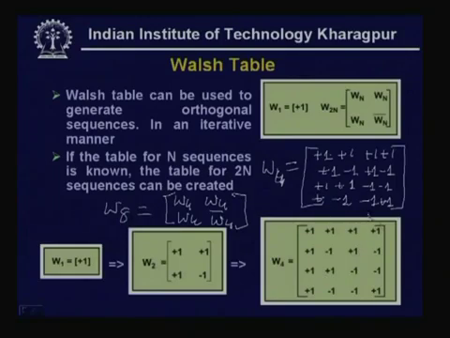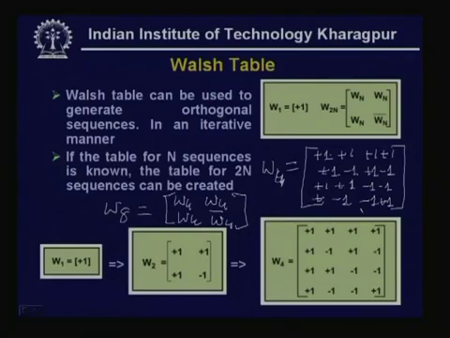So this can be used for CDMA, and the codes can be generated very easily. These sequences can also be generated by using a linear feedback shift register, as I have already told. So we have seen how the chip sequences can be generated in a very convenient manner by using the Walsh table.